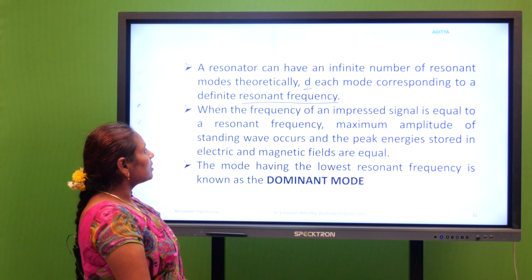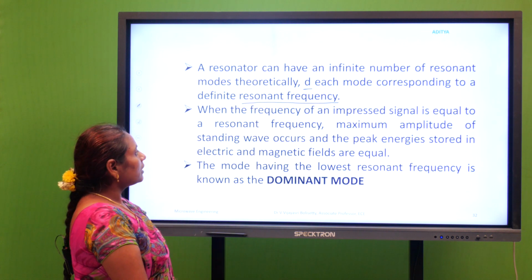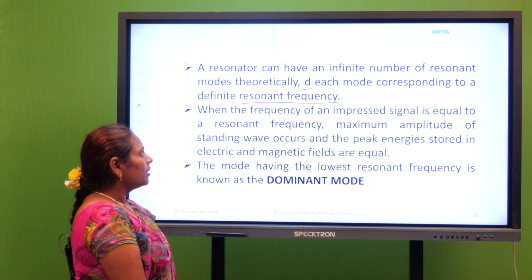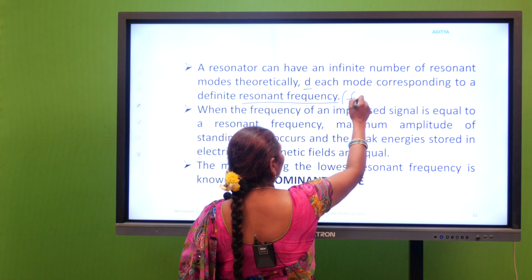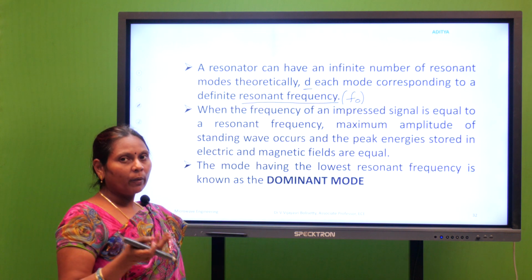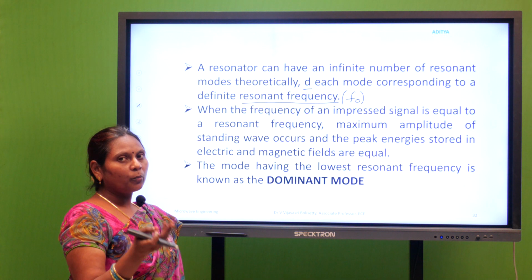And when the frequency of an impulse signal is equal to the resonant frequency, then the maximum amplitude of the standing wave occurs. Suppose we represent the resonant frequency as f naught, and the frequency of any signal is omega, in terms of radians, where omega is nothing but 2 pi f.